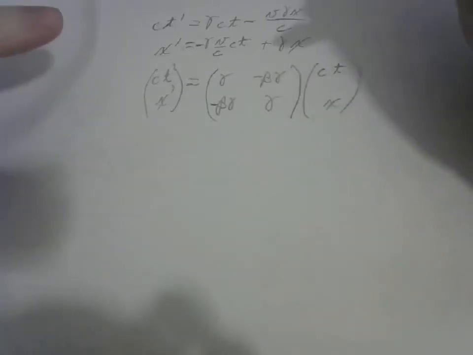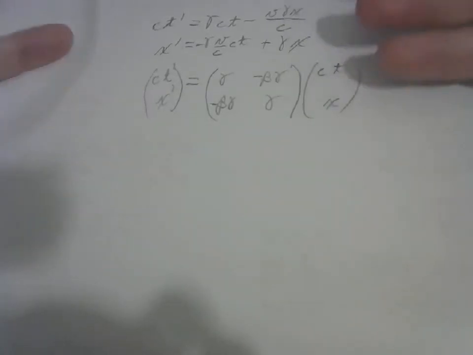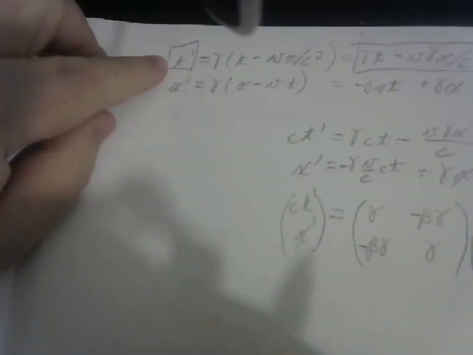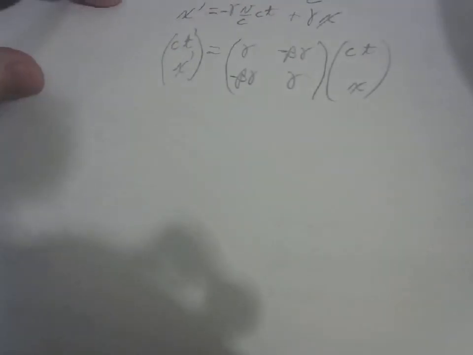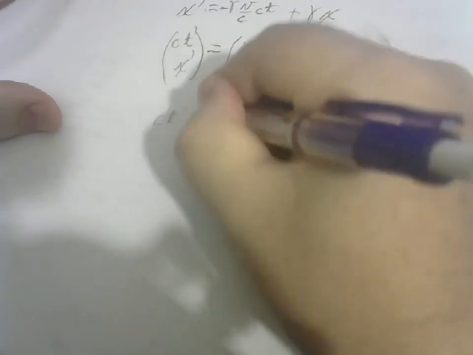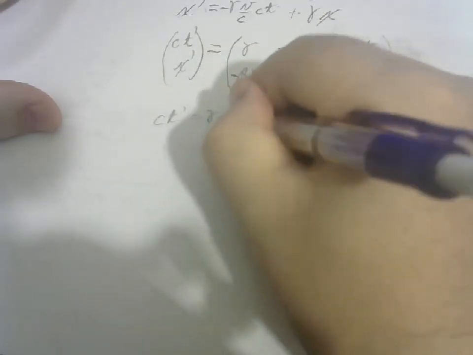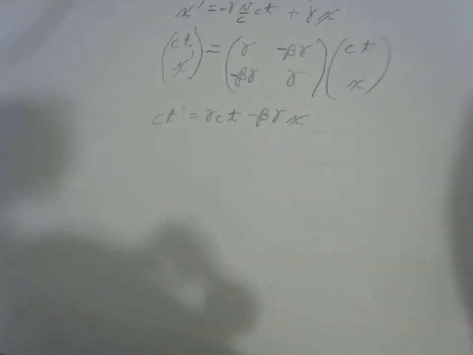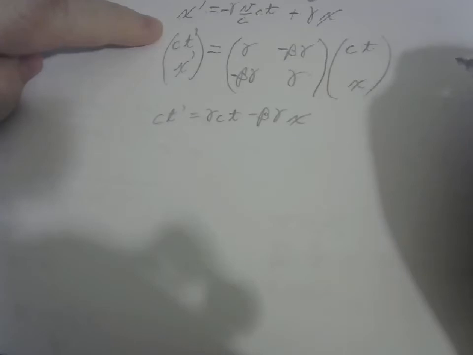Now, this form to me seems much easier to remember than the other form. Maybe you don't like it because you have to do a little work to figure things out, but c t prime equals gamma c t minus beta gamma x. That's our equation for time.